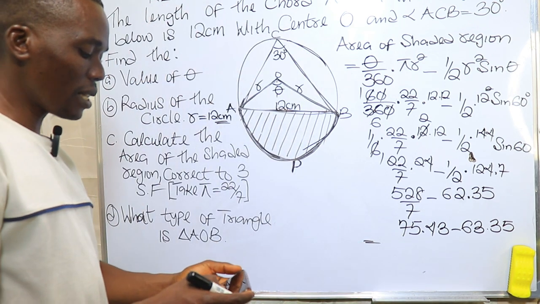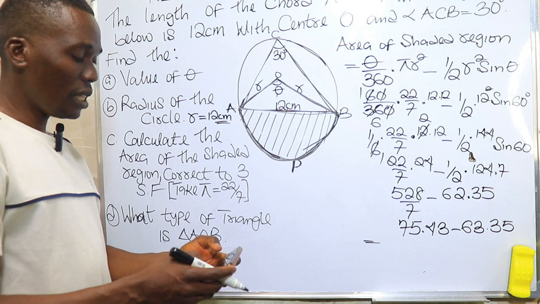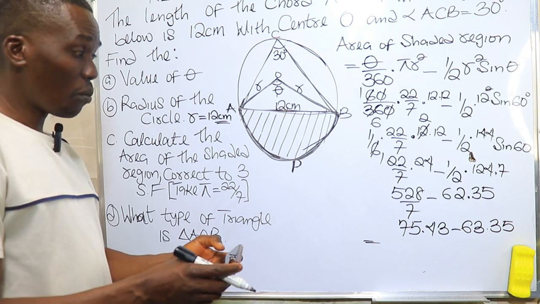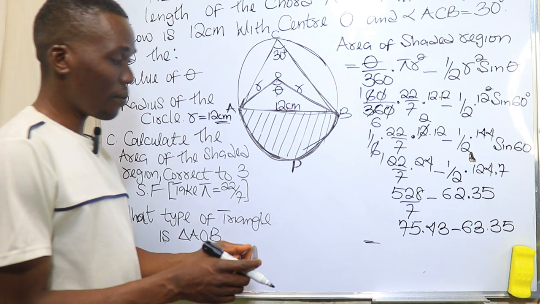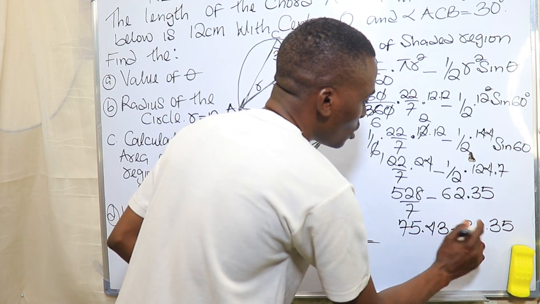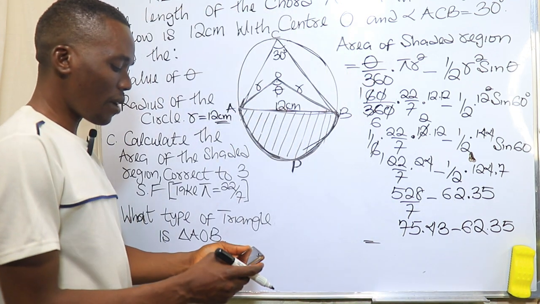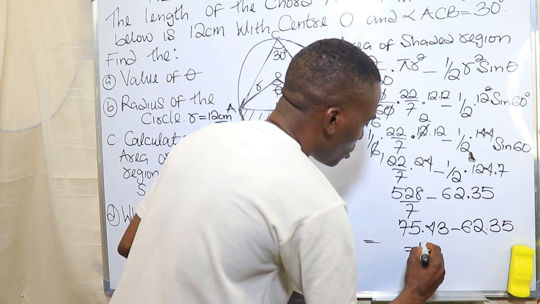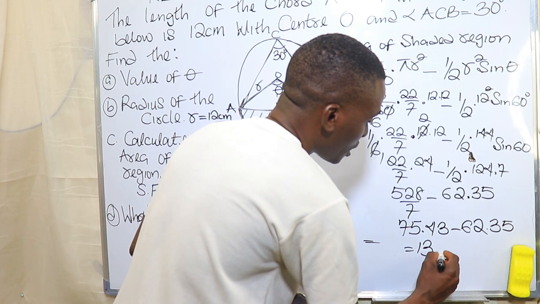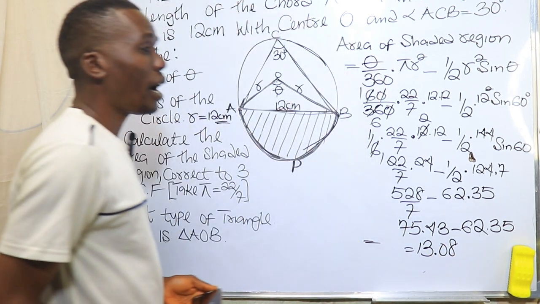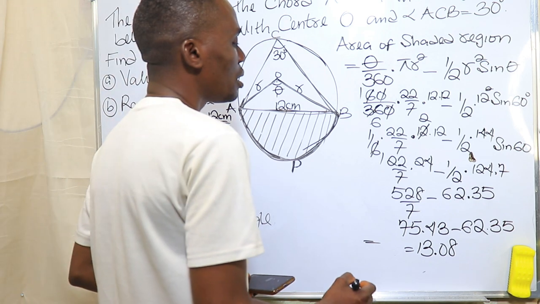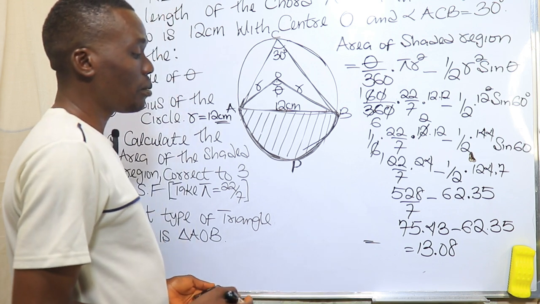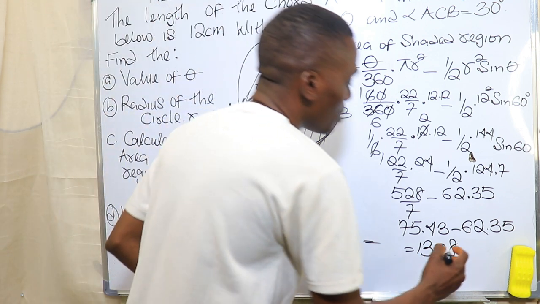The area of the shaded part, that will give us this minus 62.35, and that will be equal to 13.08, approximately, centimeter square.